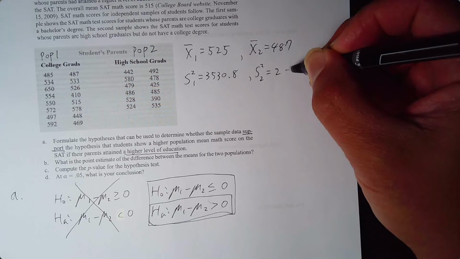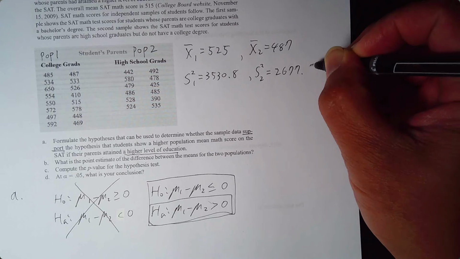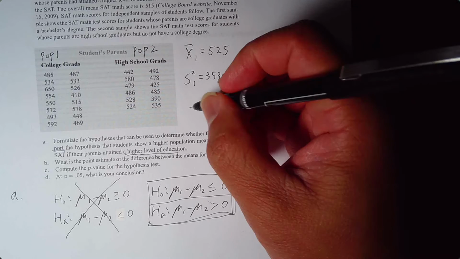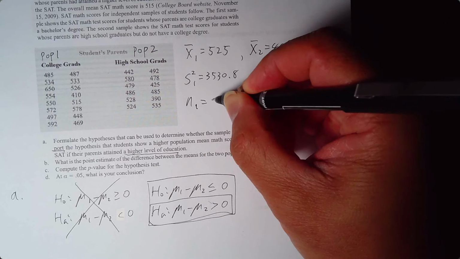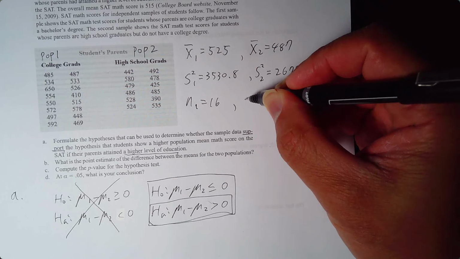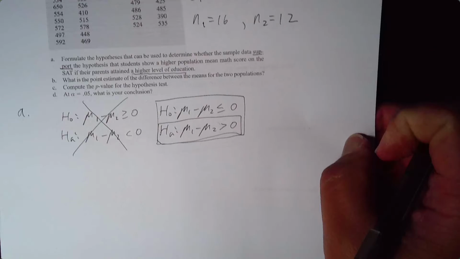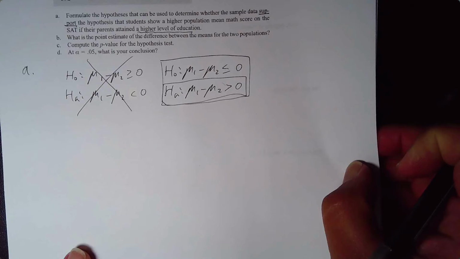Okay, remember, be careful with the notation. I'm writing here the sample variance. Whenever you're using the sample variance, it makes things a little easier when you're calculating the degrees of freedom.